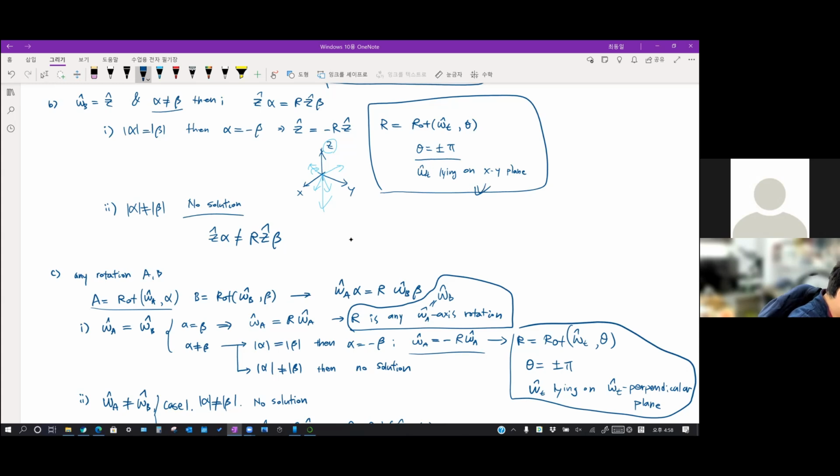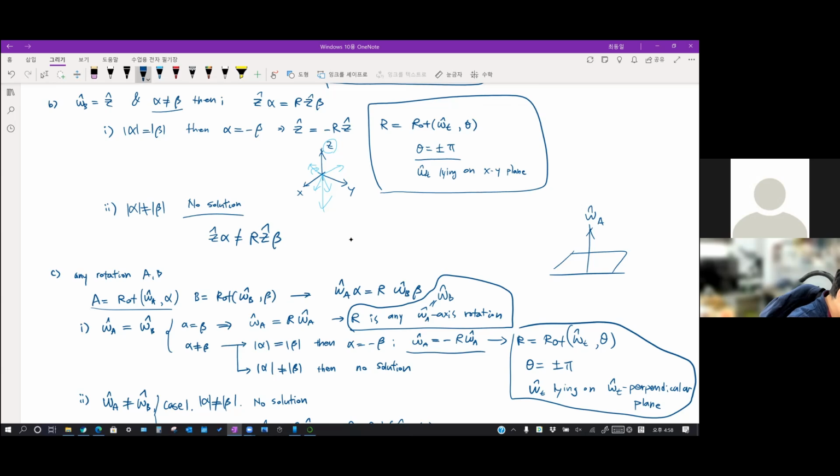This case is when omega a is the z-axis. But this case is more general. So when omega a is some general rotation axis, then we can define omega a here, and there is some perpendicular plane.